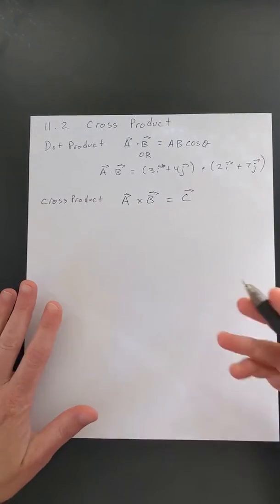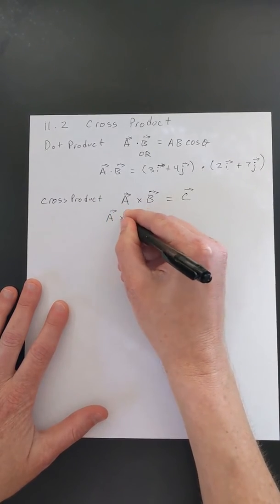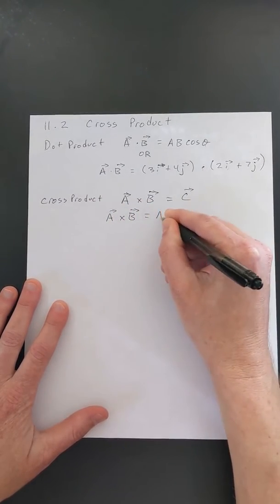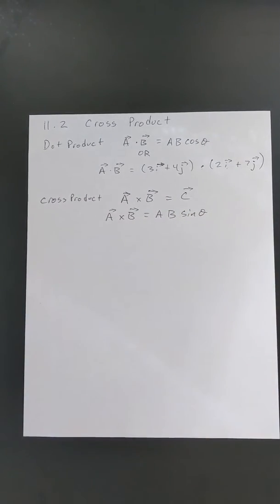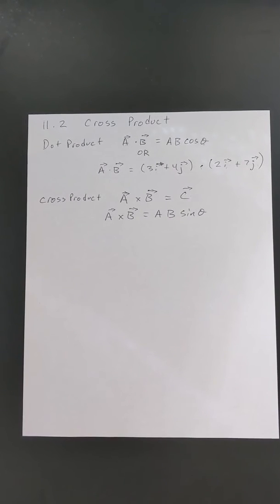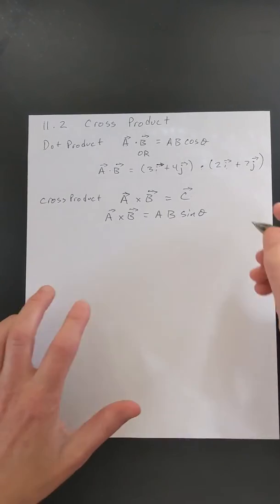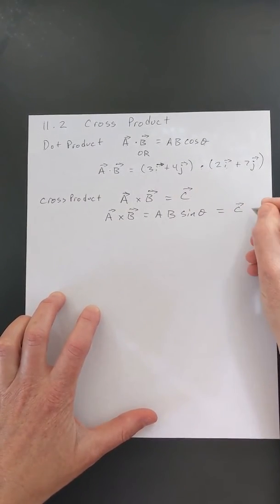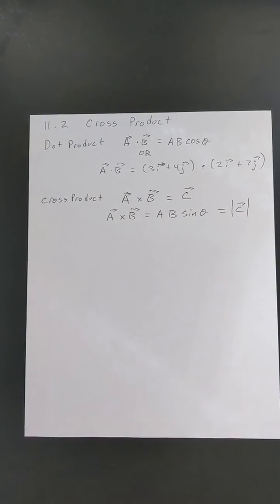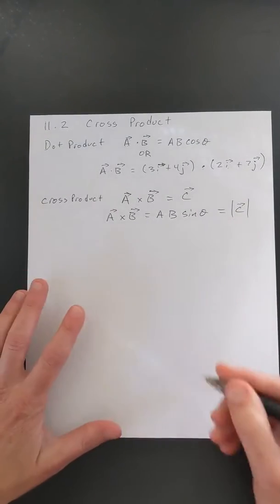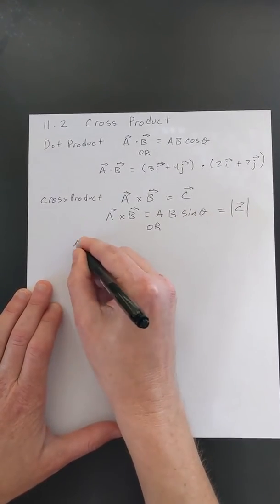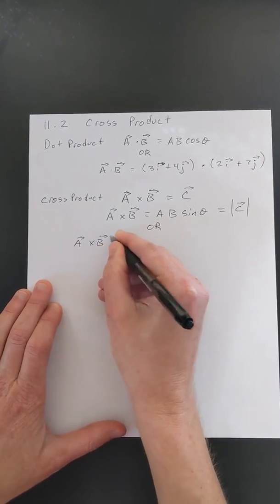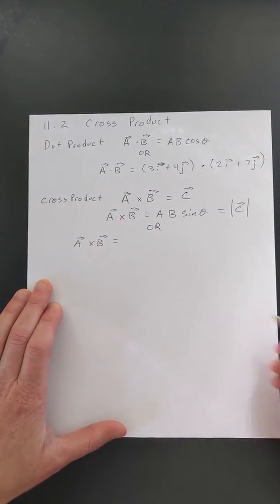Okay? Well, with cross product, you can do A cross B, and if you just want the magnitude, you do AB sine of the angle. So the magnitude of A times the magnitude of B times the sine of the angle between A and B, and that will give you the magnitude of C, if you want to call the result of A cross B a new letter. Or what we could do is A cross B and find it kind of like what we did with dot product.